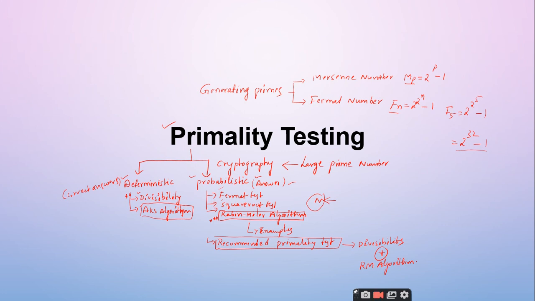Under the deterministic category we have the divisibility algorithm and the AKS algorithm. Under the probabilistic category we have the Fermat test, square root test and Rabin Miller algorithm. And finally we will discuss the recommended primality test, which is a hybrid, a combination of the divisibility algorithm and the Rabin Miller algorithm, right?